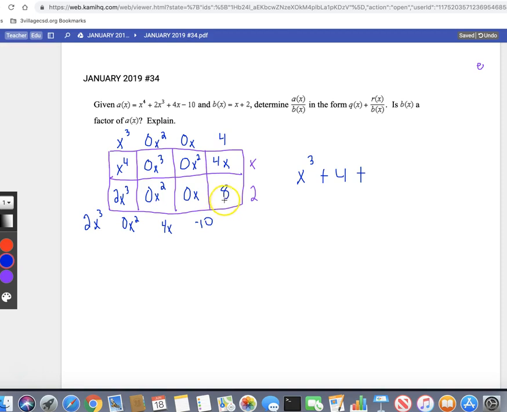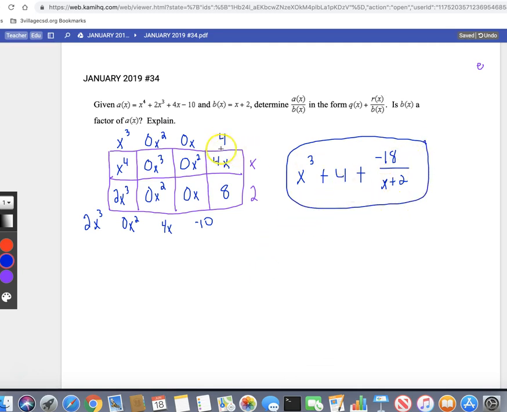To determine what that value is, just think about, what do I have to add to 8 to get to negative 10? That would require us to add negative 18, and we would put that negative 18 over the original divisor of x plus 2. And that's the solution when we perform our reverse tabular division.